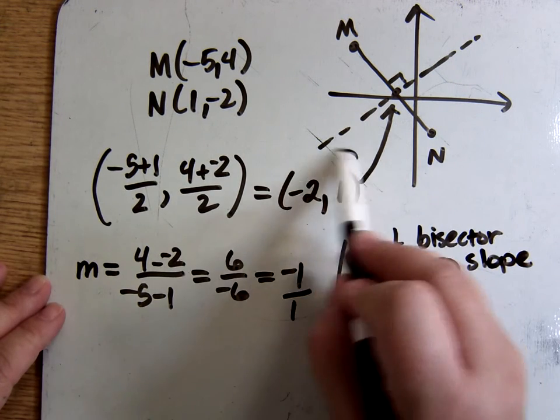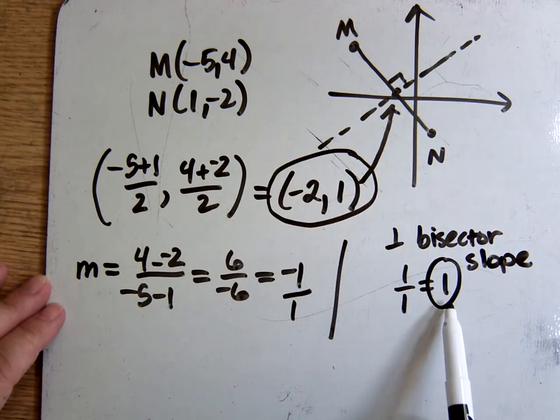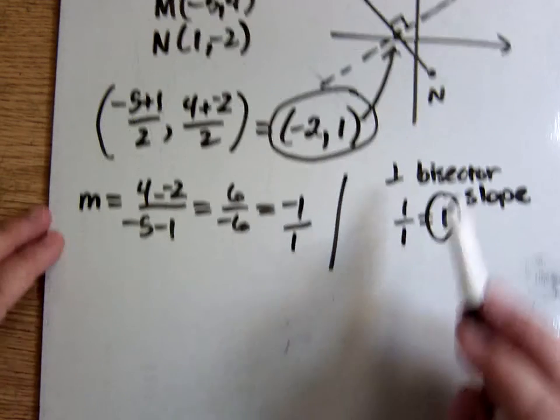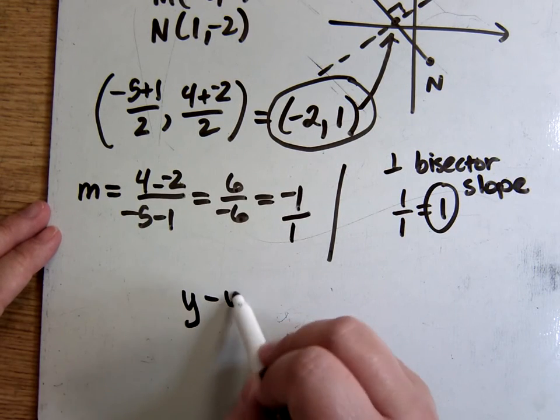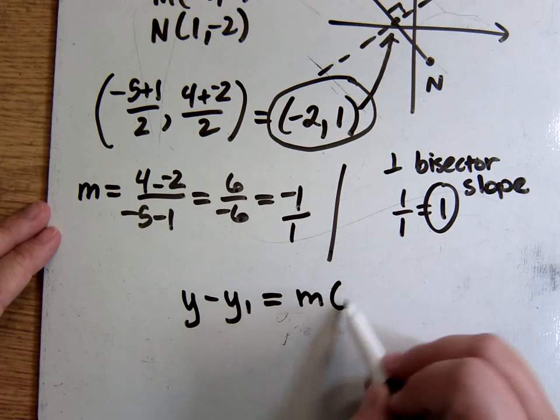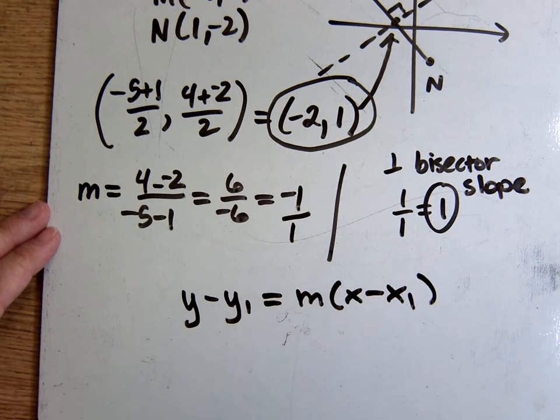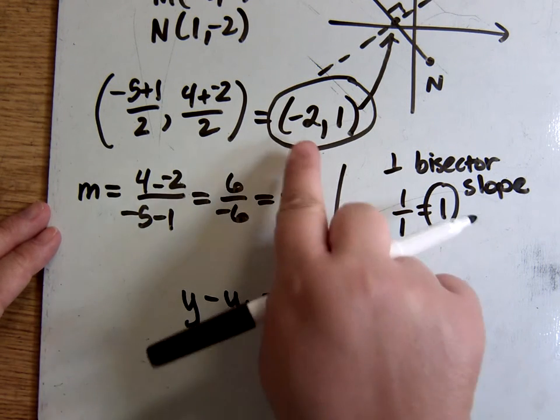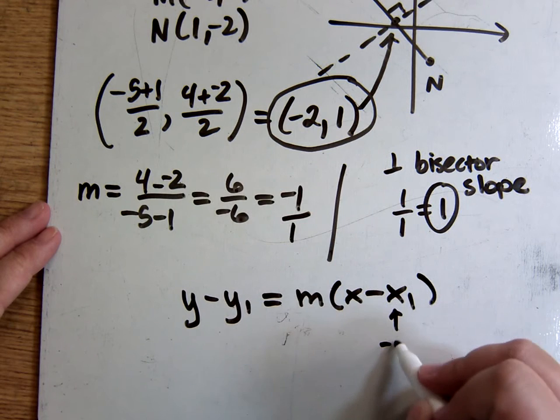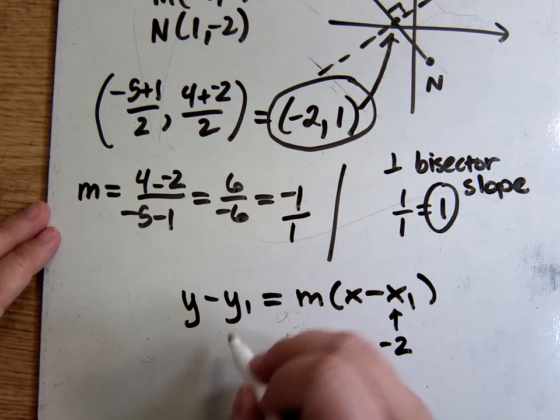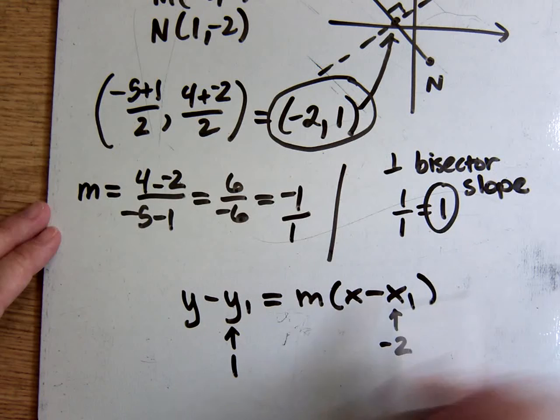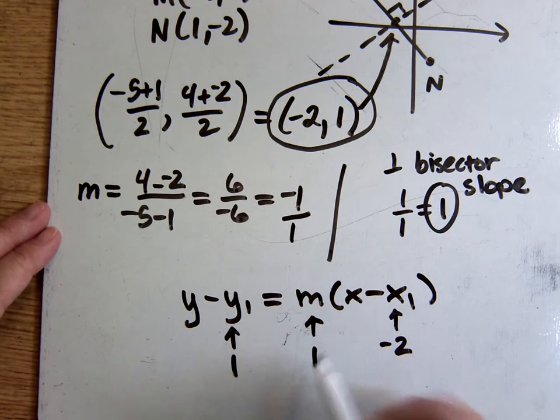So now I have a point that's on the perpendicular bisector, and I have the slope of the perpendicular bisector, and I'm ready to plug in to point slope form. Make sure you know point slope form. The x value from that point goes right here. The y value goes right here. And here's the slope, goes right here.